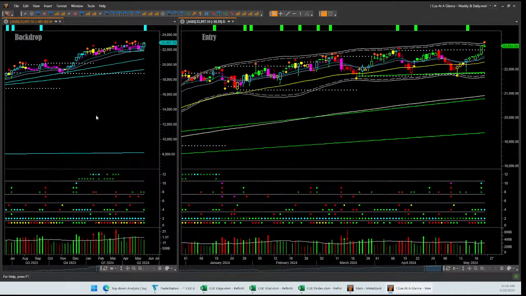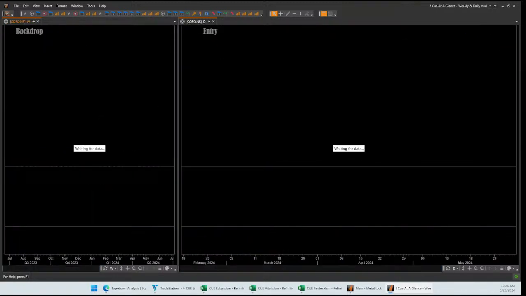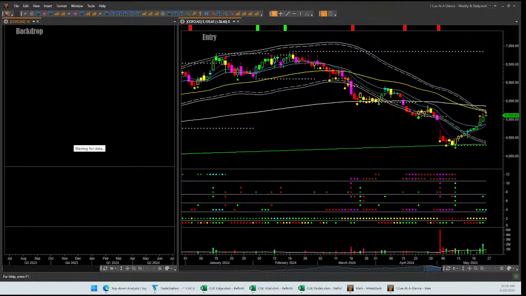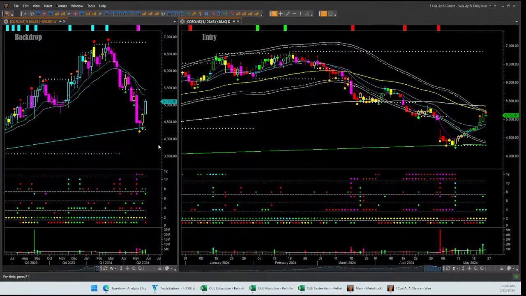If we look at Coforge as of today, looking back, this was the day when I shared the bounce long setup as usual before knowing the results.